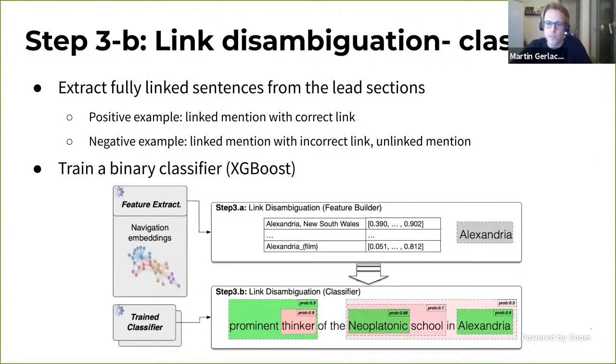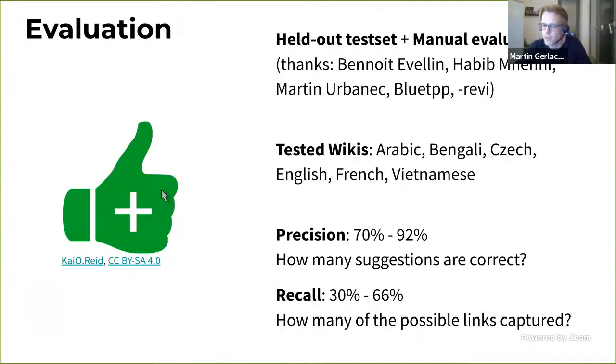Once we have done this, we train a classifier. We generate positive and negative examples of links. Positive examples are actual links that we found in a sentence in a Wikipedia article. Negative examples can be mentions where we generate an incorrect link, or mentions that are not linked at all. Then we train a relatively simple binary classifier to distinguish between positive and negative examples. We do some evaluation to see how well it actually works.